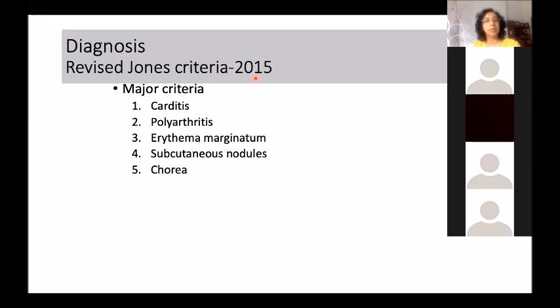Okay. Right. So I would like you all to go through, do some homework, read about the revised Jones criteria to diagnose acute rheumatic fever. We have major criteria, minor criteria, right?